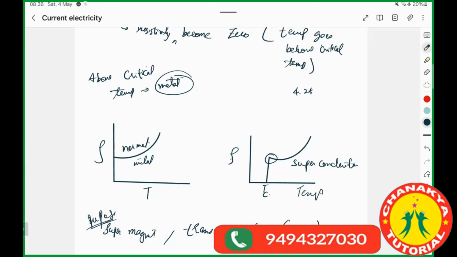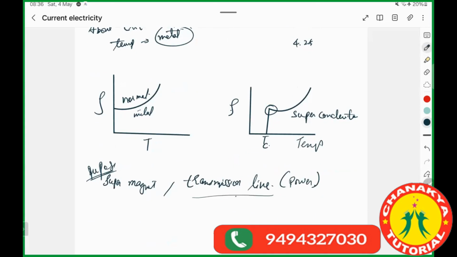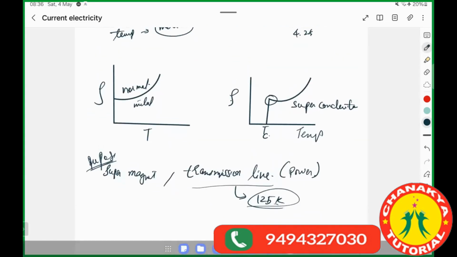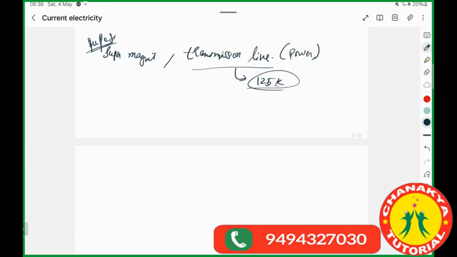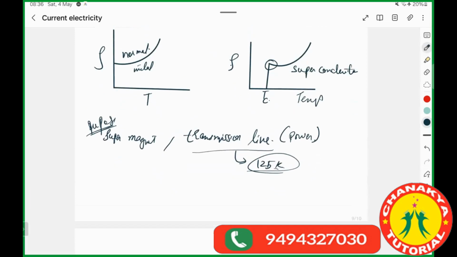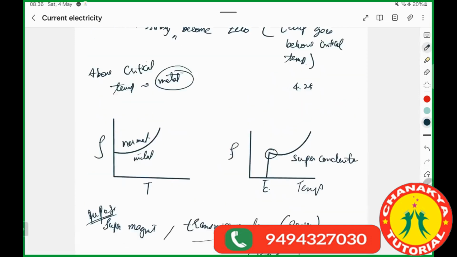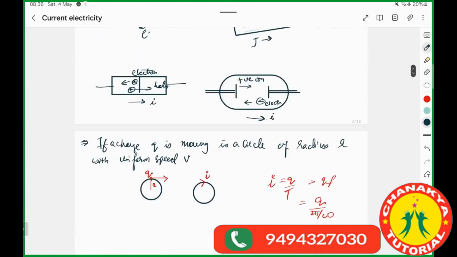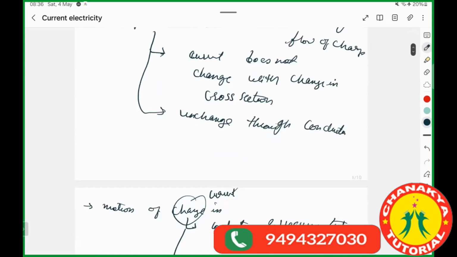For power transmission we are using almost 125 Kelvin. That's why on the railway line they have a warning: stay away, 24,000 volts. I'll share all these notes with you by evening.